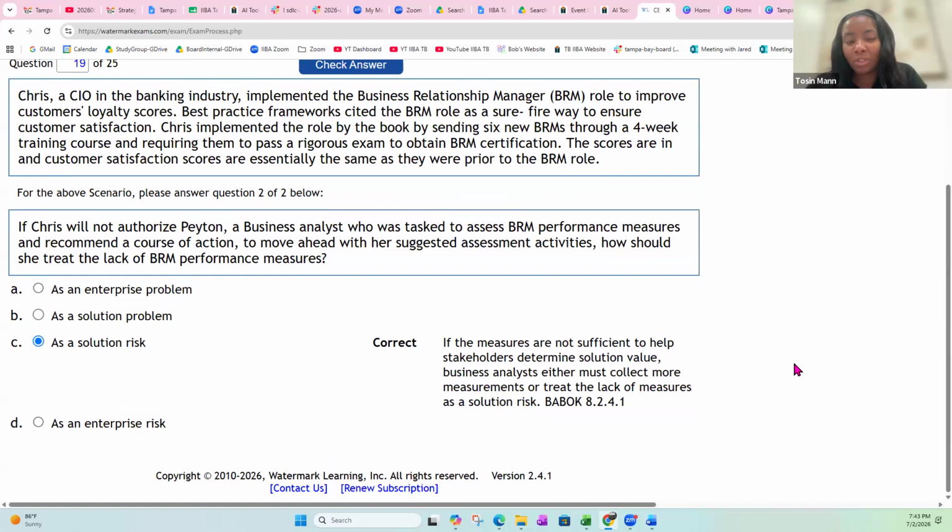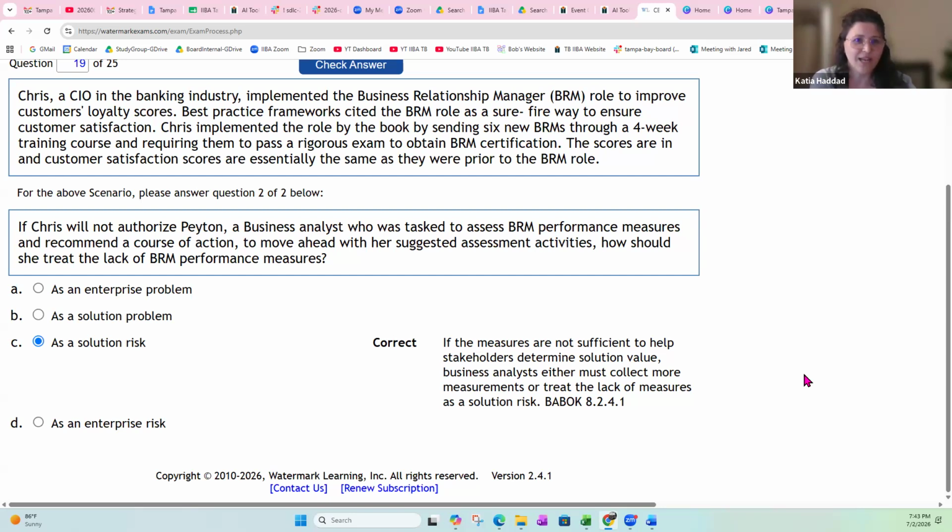Well, can I ask? I guess the question I have is really towards Katya, since she's the one that said C. What was your reasoning? I just want to hear your reasoning for choosing C. To my understanding, I put it as a solution risk and not an enterprise risk, because when you are giving the recommendations, you have to provide every risk that comes with any solution.